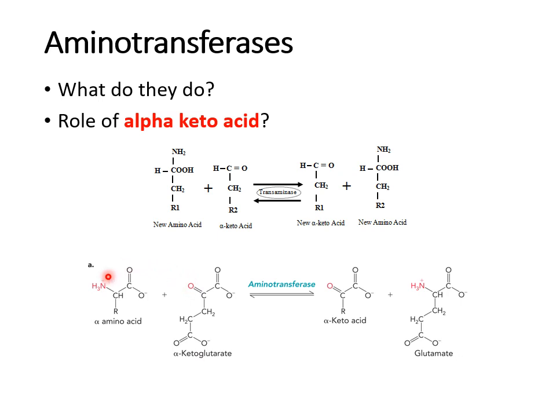And when you swap these two, notice this original amino acid is now listed as an alpha keto acid, and this alpha ketoglutarate is now glutamate. So this has been a process to synthesize glutamate for us.